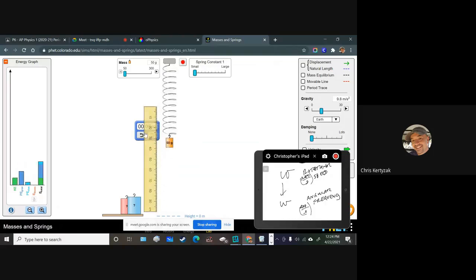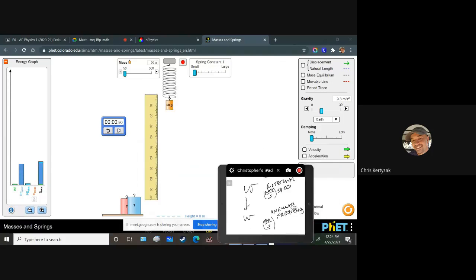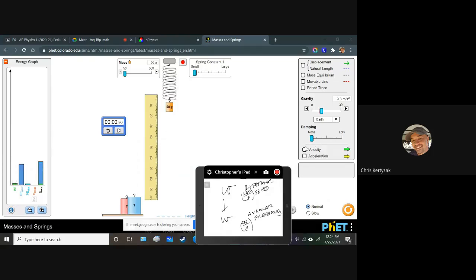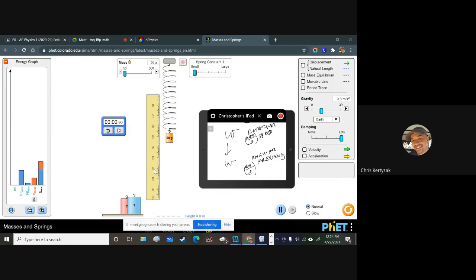So usually what we do is, I don't like that they only give this particular ruler. It goes from 0 to 100, like a meter stick. Typically what we do is, in this equilibrium position, we call this the 0 meter mark.